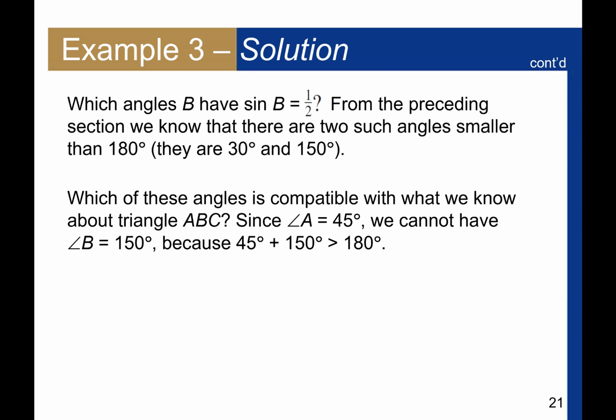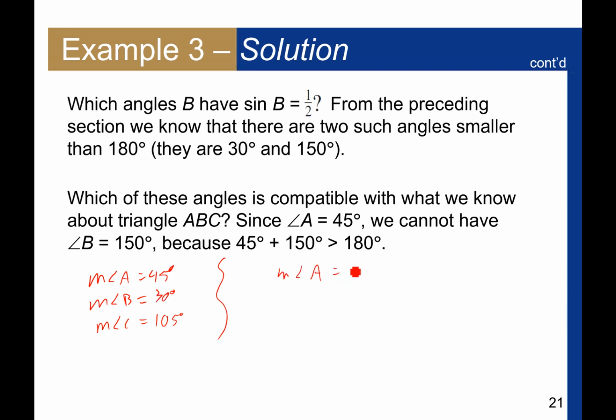Okay, so if we were given the measure of angle A is 45 degrees, and the measure of angle B could be 30 degrees, that gives us a sum there of 75. So then for angle C, we'd be left with 105 degrees.